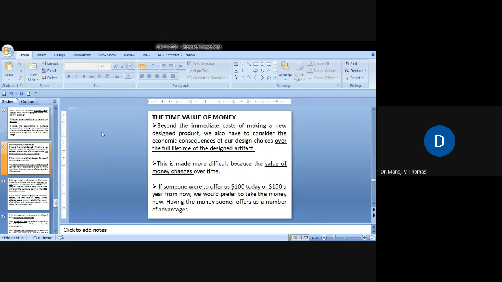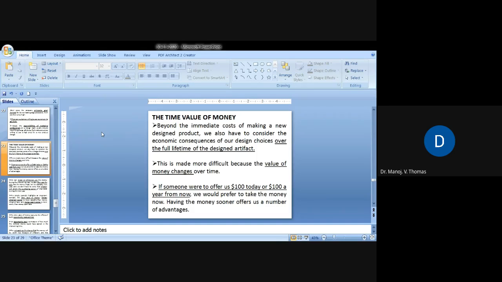Today we are designing and developing the product, and we are spending money today. For design and development, I am paying the salary of my employees this month, and I am paying for the raw materials today, as per the current market.